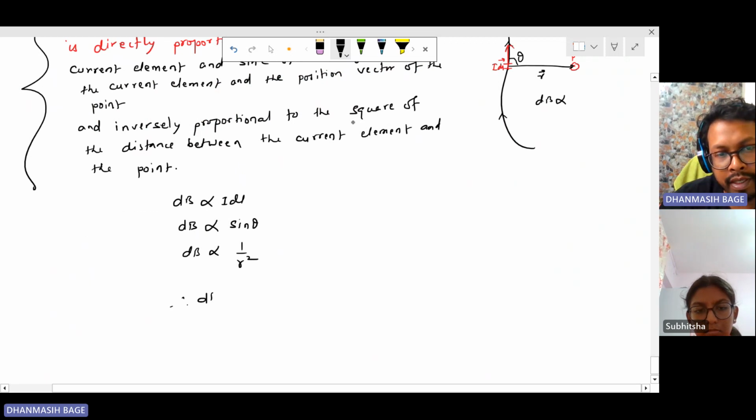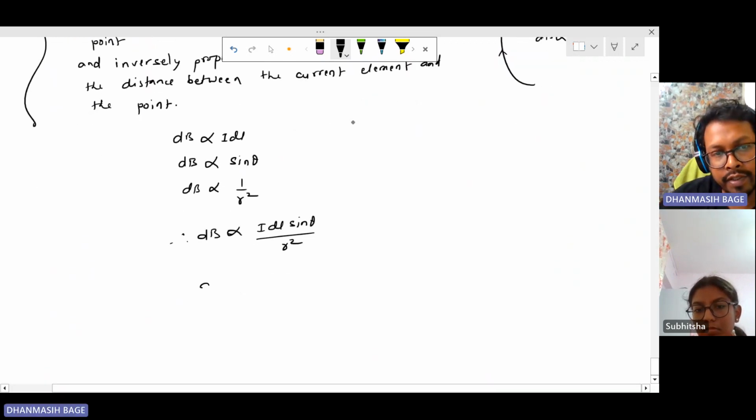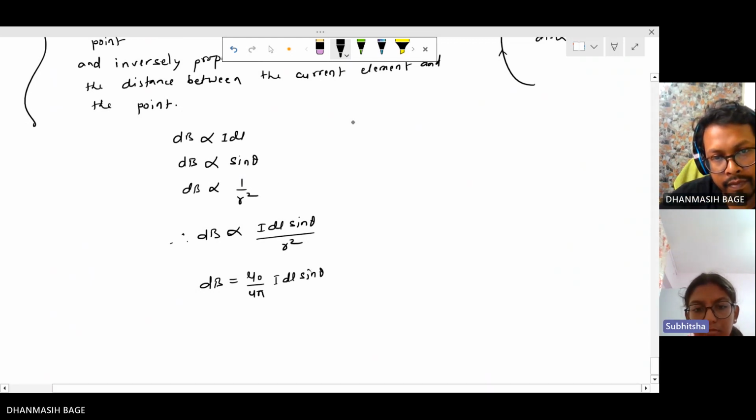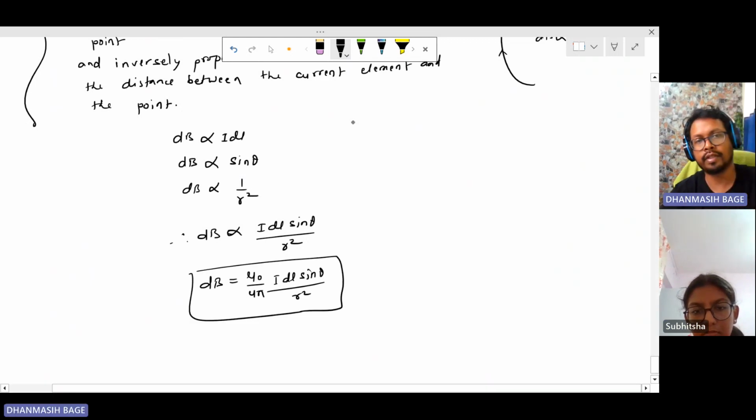Therefore dB is directly proportional to I dl sine theta divided by r square. If you get rid of the proportionality sign, this comes out as mu naught by 4 pi into I dl sine theta by r square. This is one of the statements.